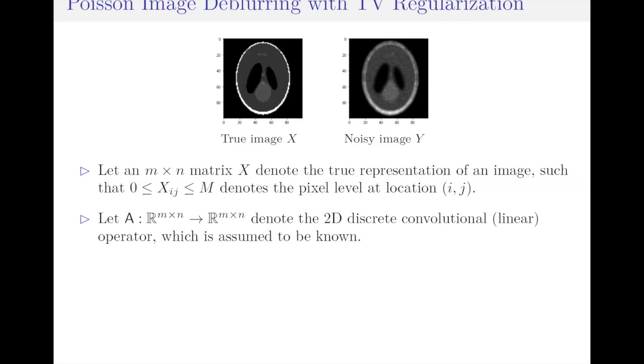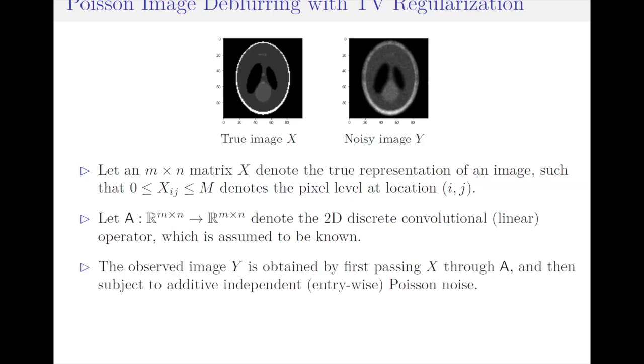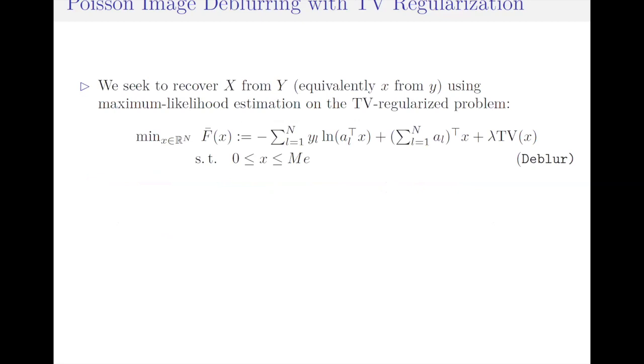Based on the knowledge of the linear operator, we want to solve the following problem in order to recover the clean image. As we will explain right now, this type of application fits nicely with the problem class that we identified at the beginning, in the sense that the first two terms are log-homogeneous barriers.